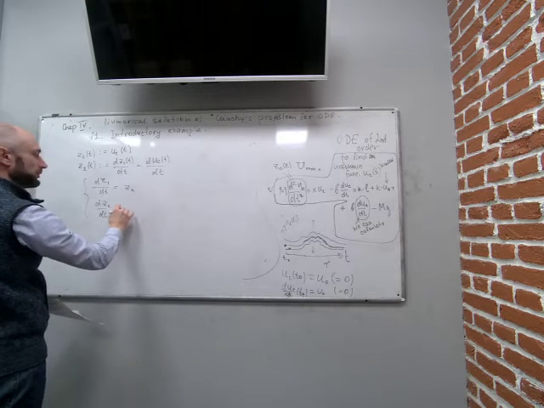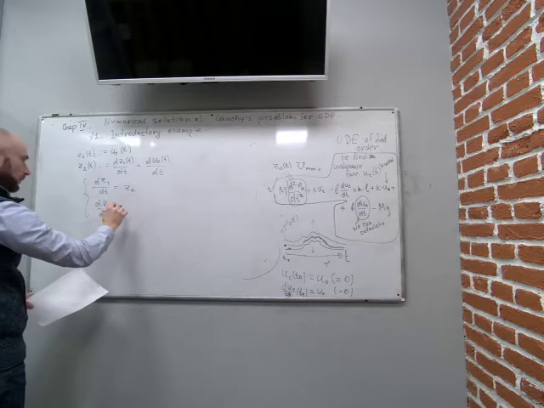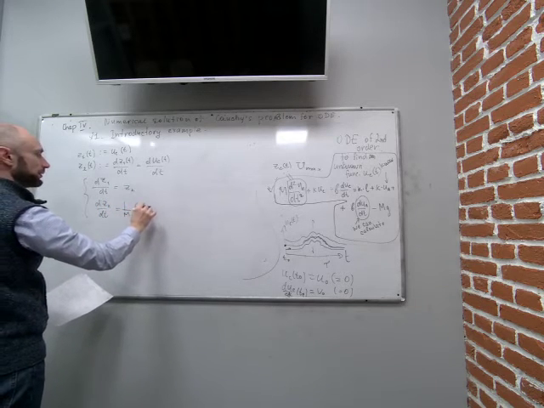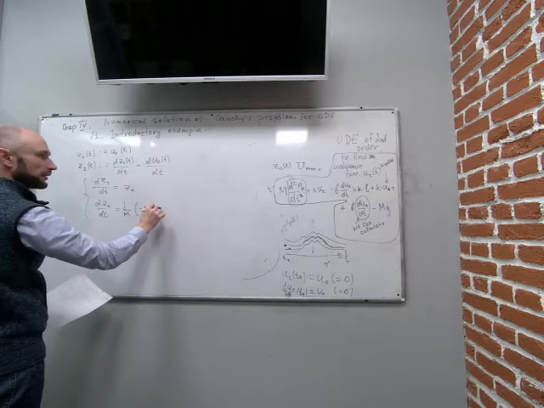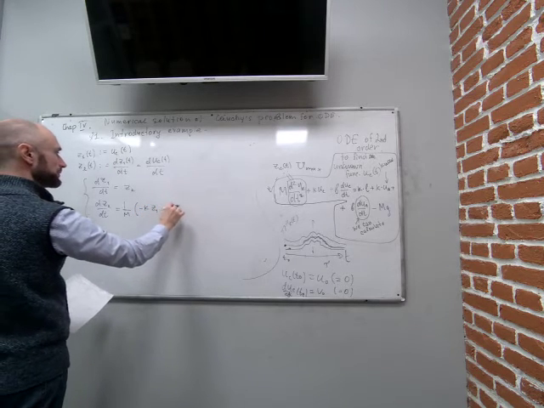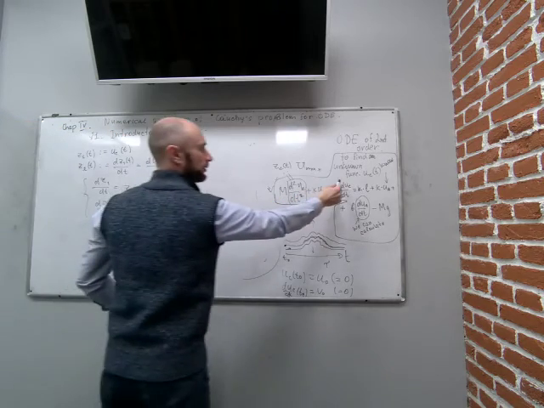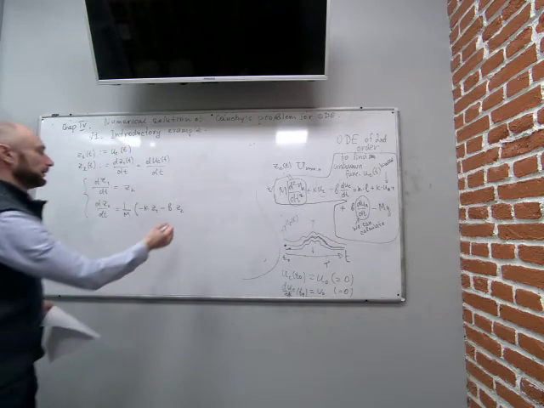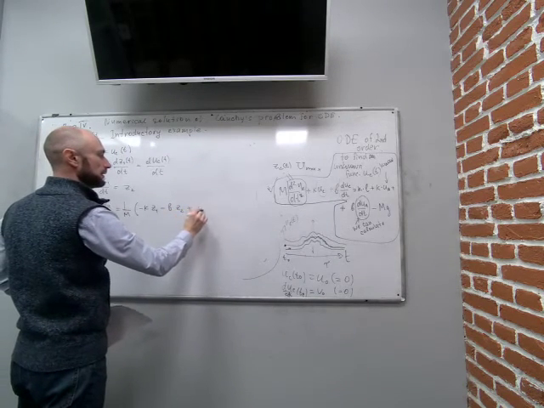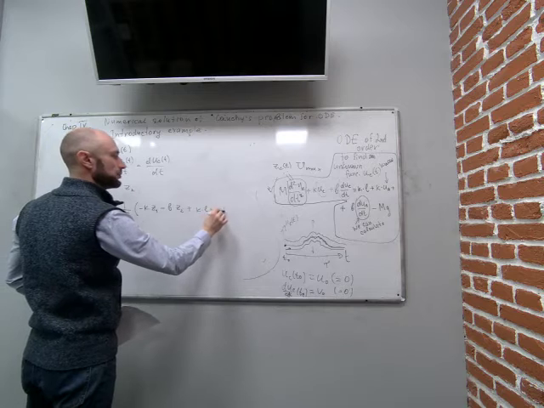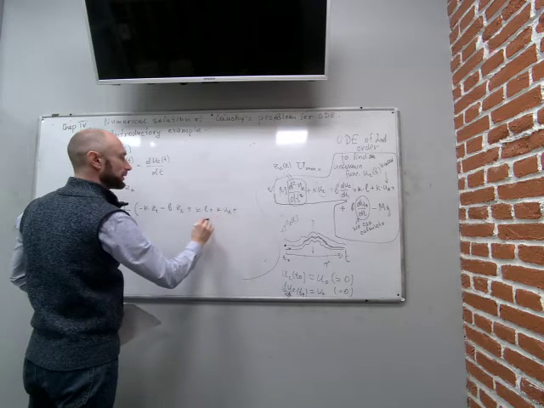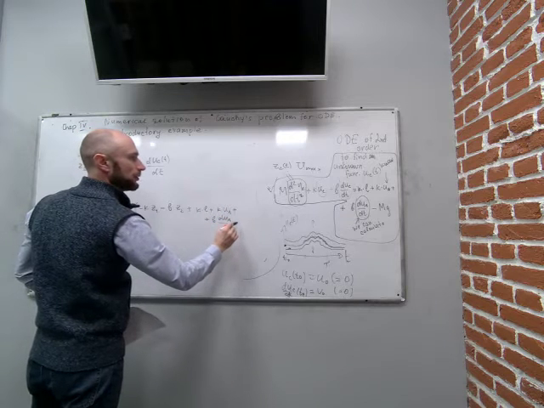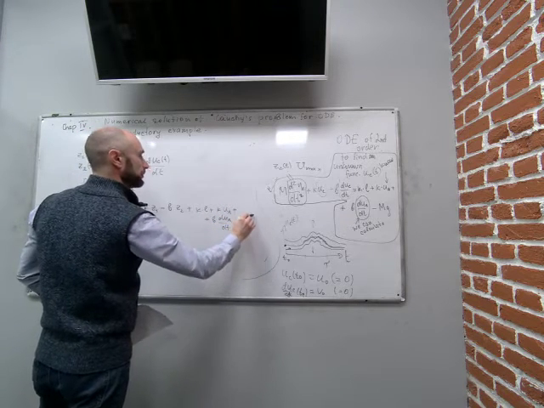It's going to be 1 divided by m, times minus k z1 minus b z2, plus kl plus k ua, which is known, plus b dua by dt, which is known, minus mg, which is known as well.